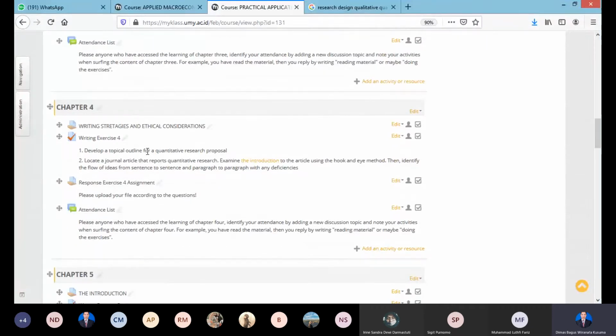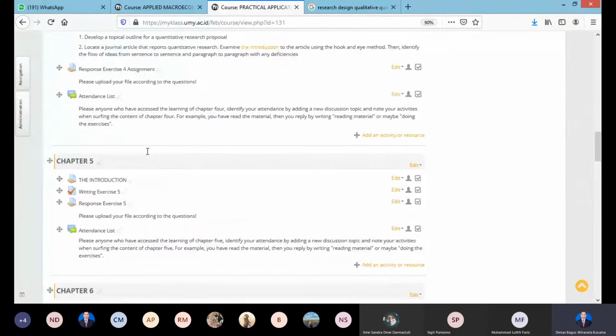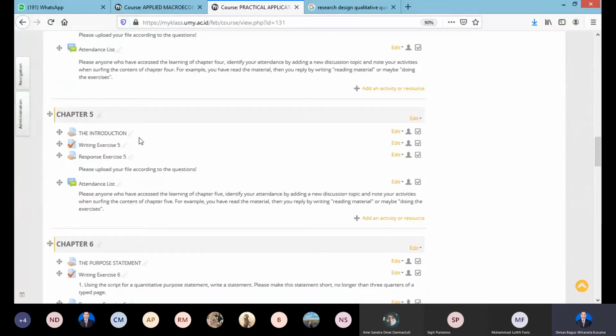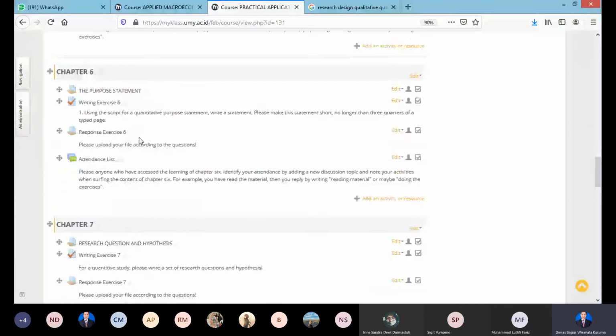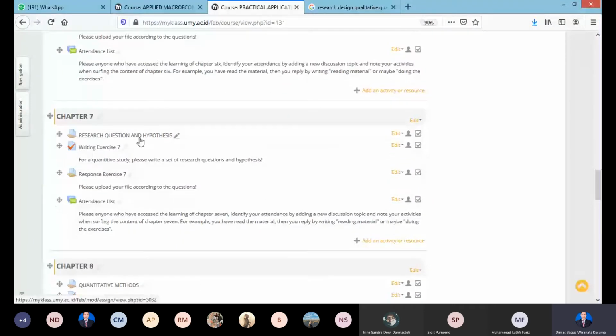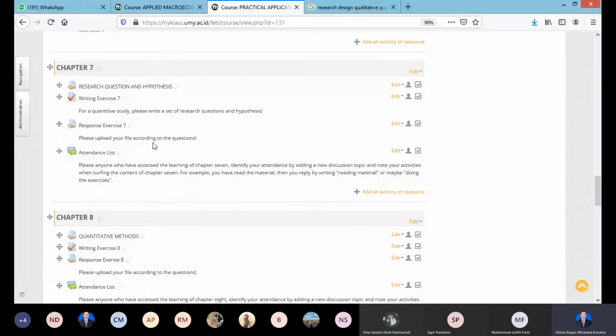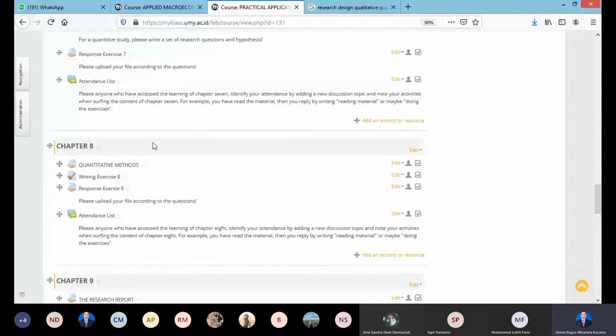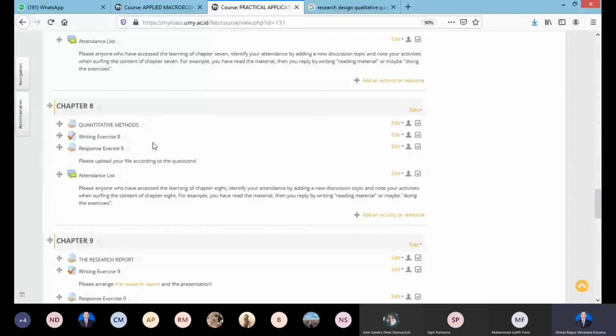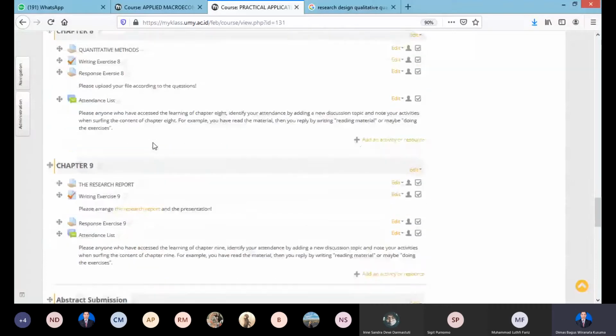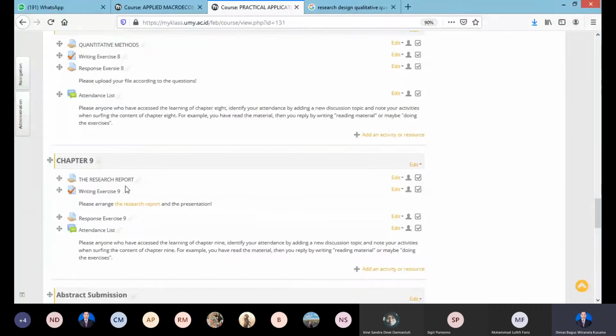Chapter 4, writing strategies and ethical considerations. Chapter 5, introductions. Chapter 6, the purpose statement. Chapter 7, research questions and hypotheses. And the last chapter, quantitative methods, and also the research reports. Those are the ones that will be intensively discussed during the first IPIEF meeting of this course.